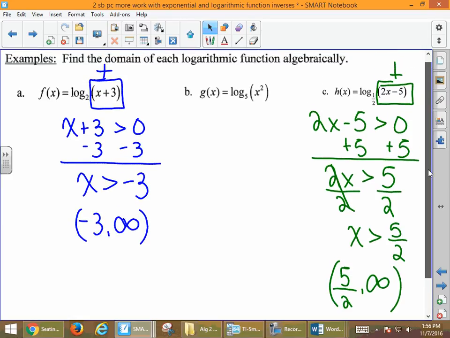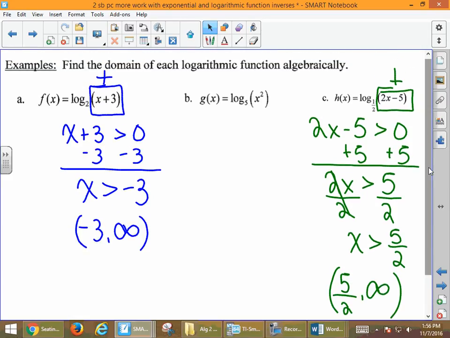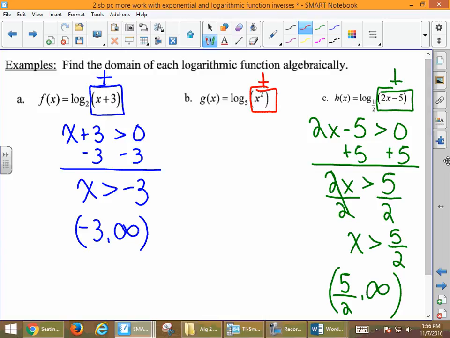But the reason that I skipped B here for a minute is that yes, this value still must be positive. But what happens when we square a number? And if we get more specific, if we square a positive number, what kind of answer do we get?